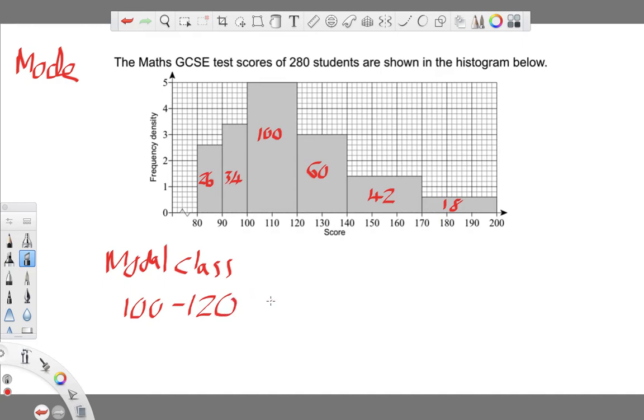Let's assume our data was written like this, so our modal class would be this. So we would write that down for our answer.